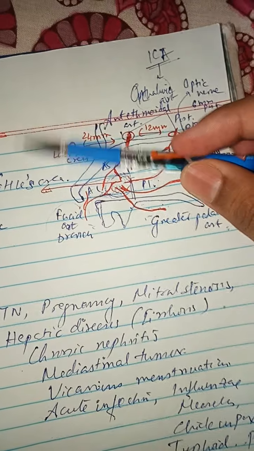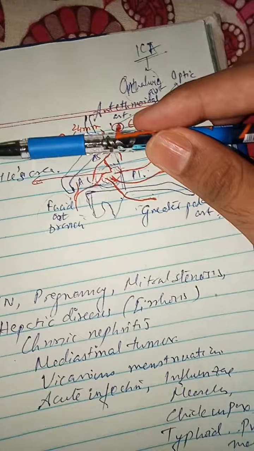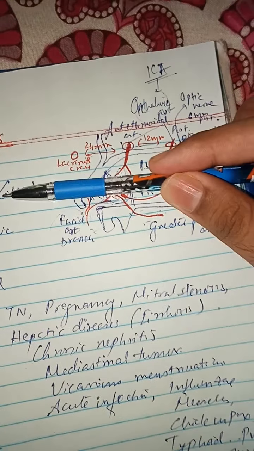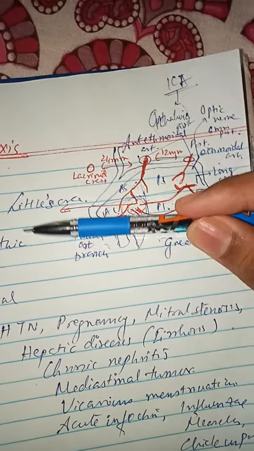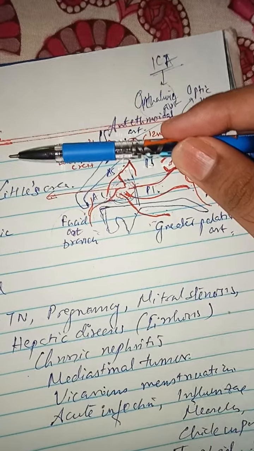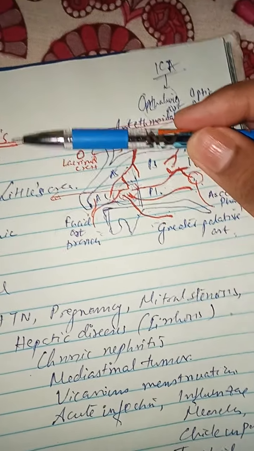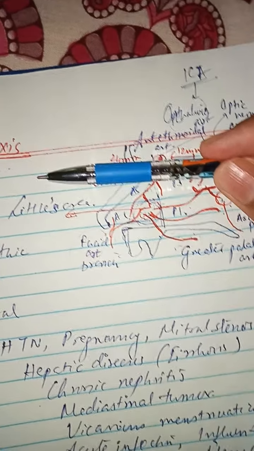Now if we think of this as the superior part, this as the middle part, and this as the inferior, the venous supply of the superior part drains into the ophthalmic vein, which ultimately drains into the cavernous sinus.